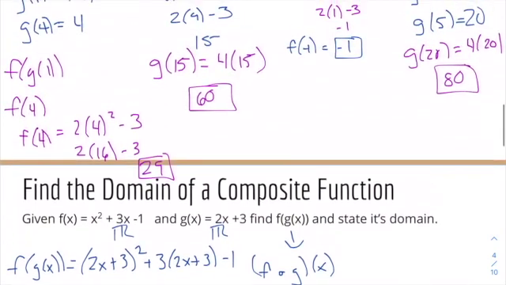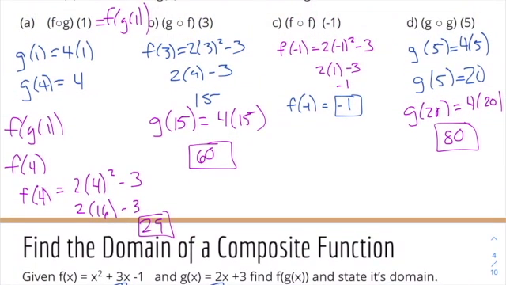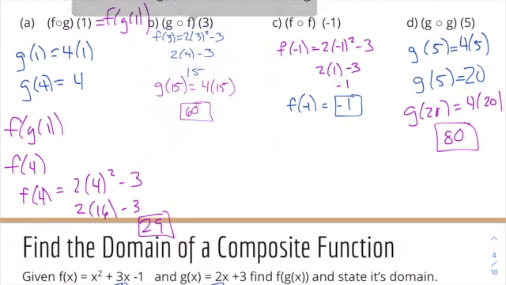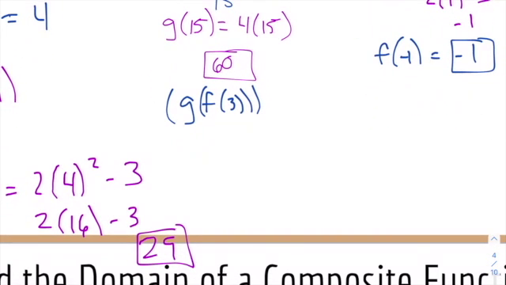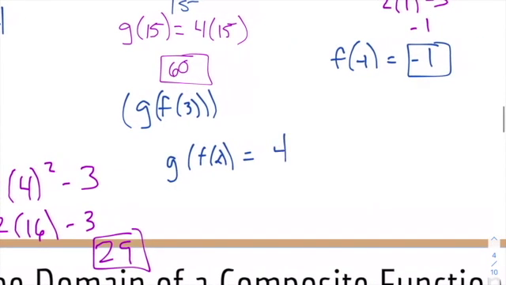Now I'm going to go back up here and actually show you something different. So let's look at this g of f of 3. What I could have done is find g of f of x first, by plugging f of x into g.